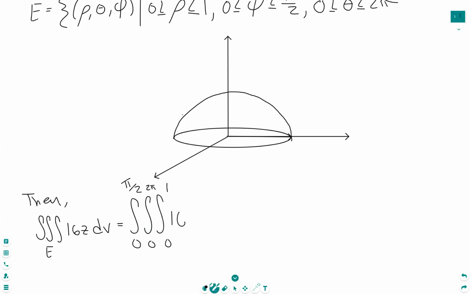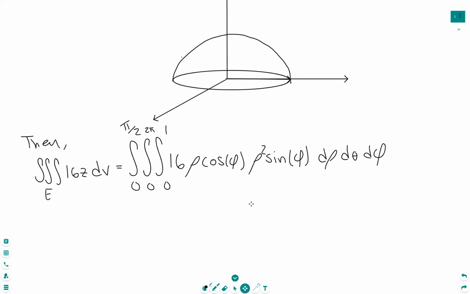I have my 16, and then I rewrite z in terms of spherical coordinates. That's rho cosine phi. Then I can't forget my extra terms: I have my rho squared sine phi d rho d theta d phi.